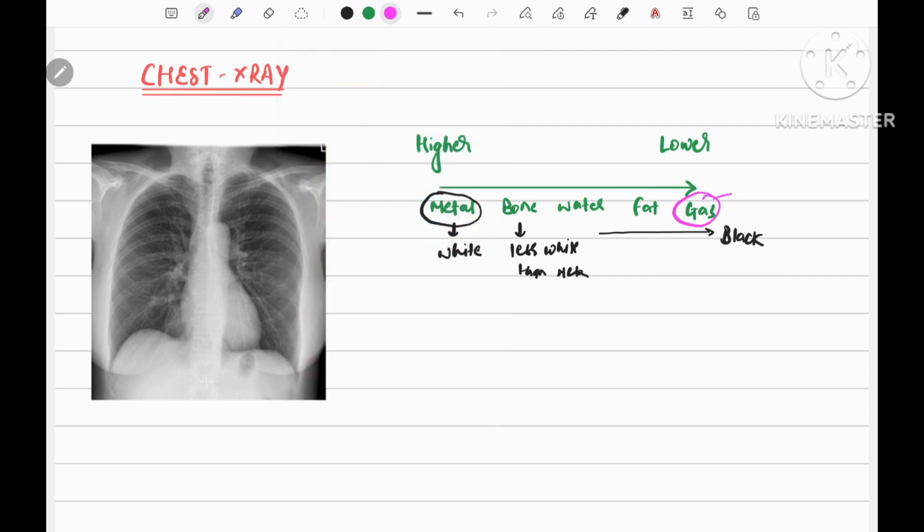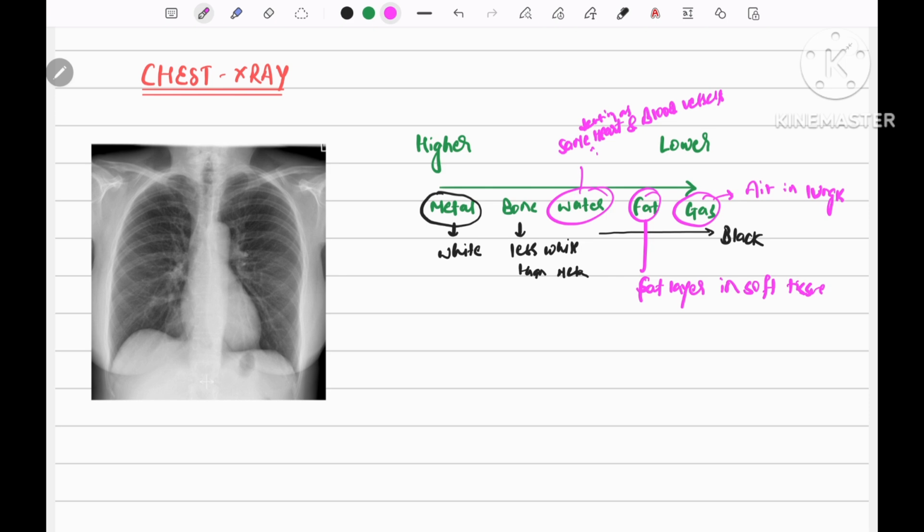The gas will be air in the lungs, and the fat will be the fat layer in the soft tissues. Water can be the same density as the heart. The heart appears with the same density, and also blood vessels.